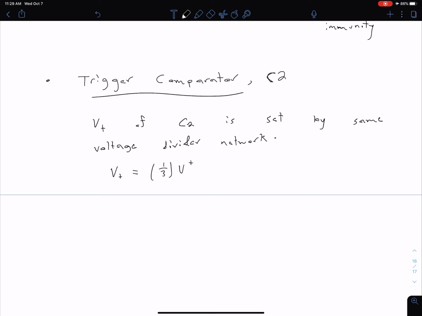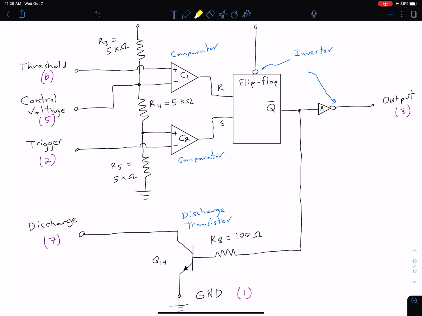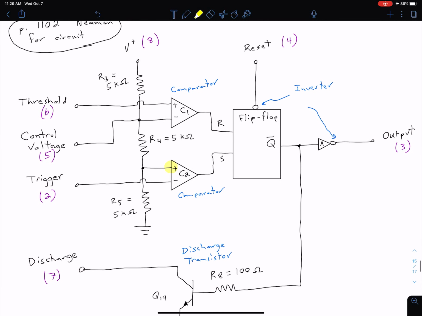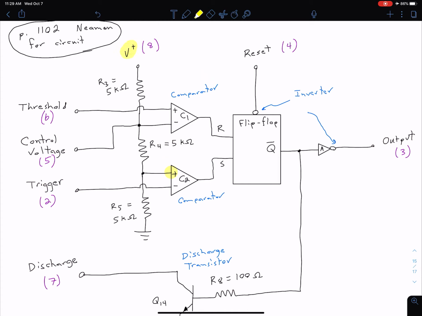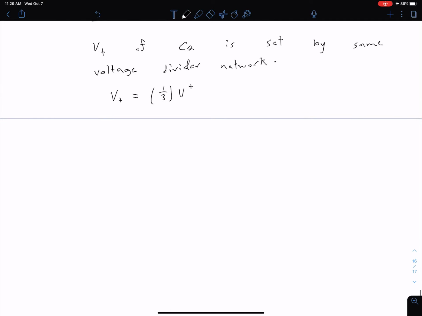So what's happening then? We have this value fixed at 1/3 of our overall supply voltage, and we're comparing that fixed value to our input from our trigger. Let's see what happens as that value is changing at the trigger input.